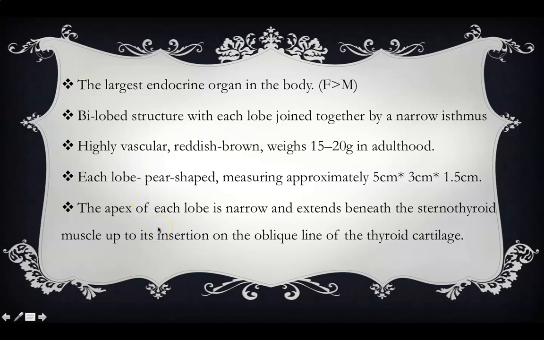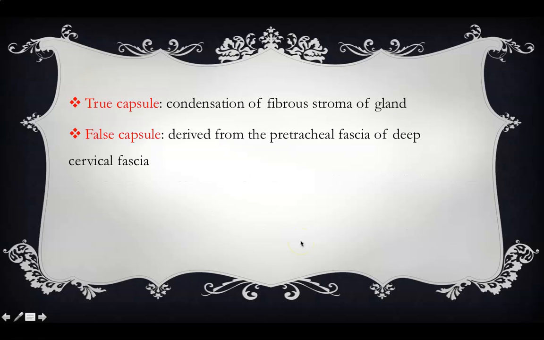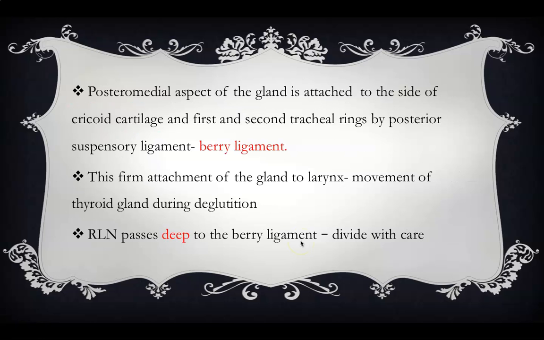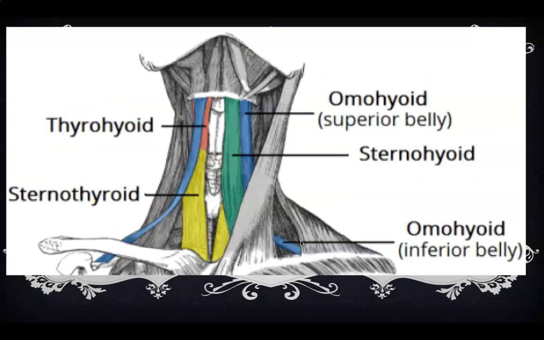The apex of each lobe is narrow and it extends beneath the sternothyroid muscle up to its insertion on the oblique line of thyroid cartilage. You should know that. Now let me show you in a picture.